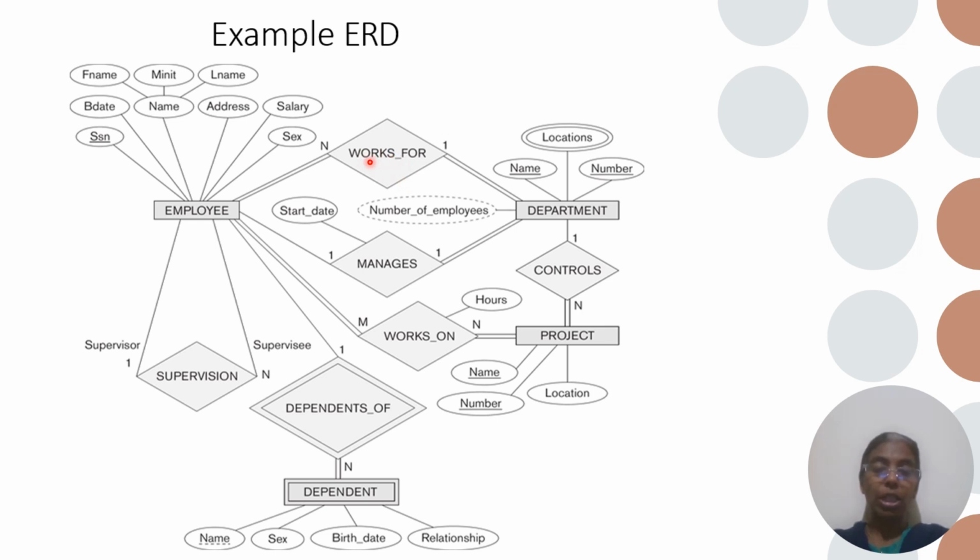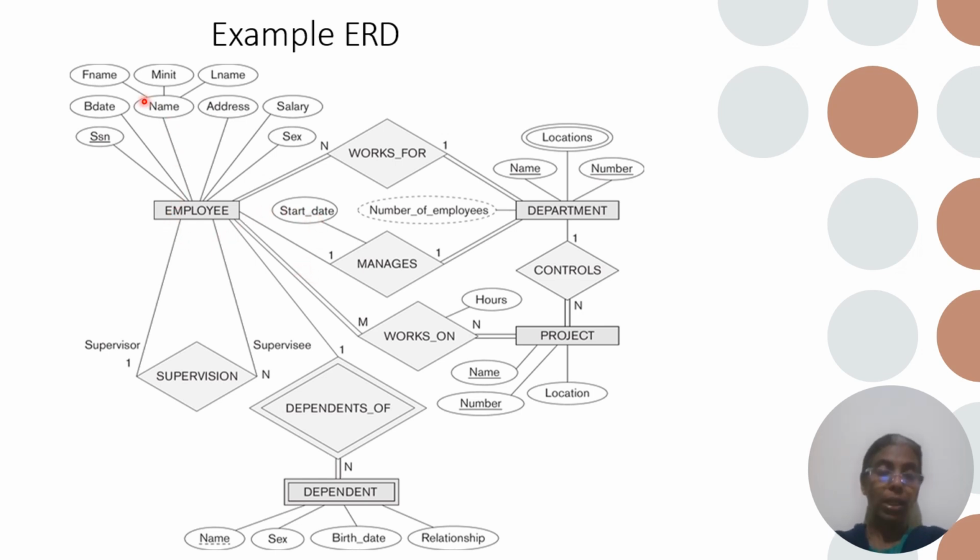Here I have a 1:n relation, that is works for, then a 1:1 relation, then an m:n relation, and a 1:1 relation between department and project. And then the same table has a 1:n relation. And then we have dependents, also a weak relation. So these are the relations present in this ER diagram.